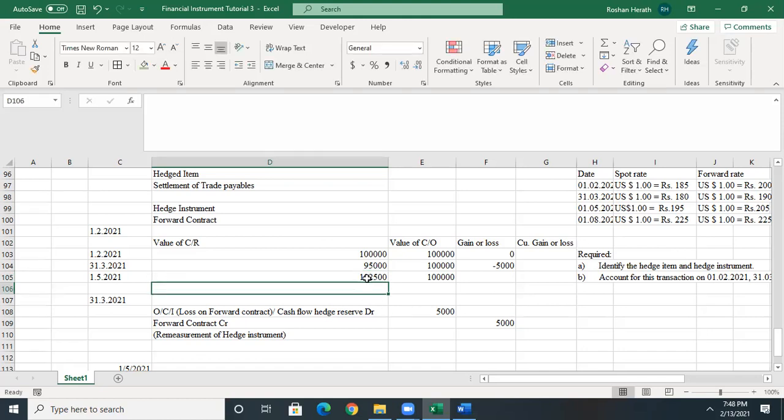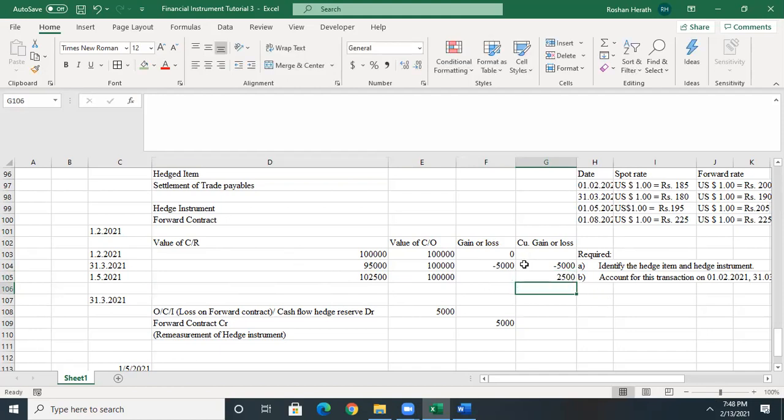It's 102,500, 100,000. So what about the cumulative gain? If you look at, it's going to be a gain of 2,500. Here we have cumulative gain earlier 5,000. So once you compare the contractual right and obligation, you come up with the cumulative gain 2,500.